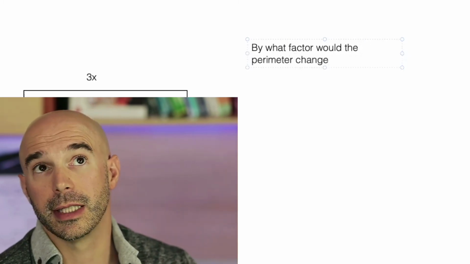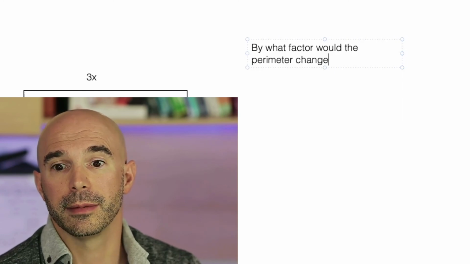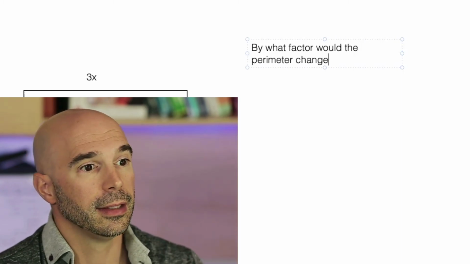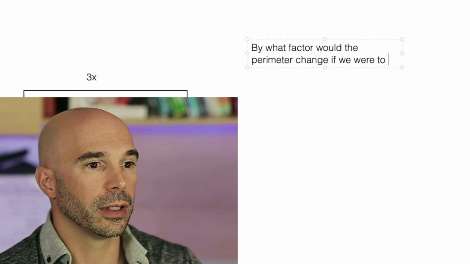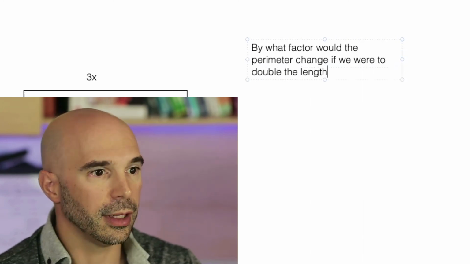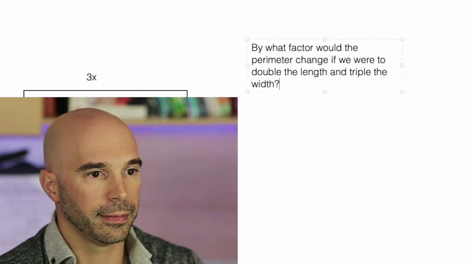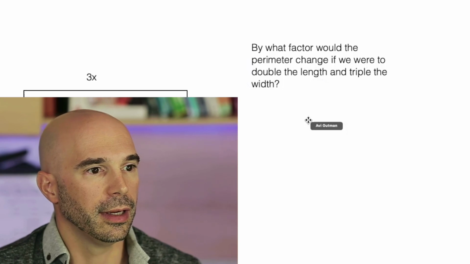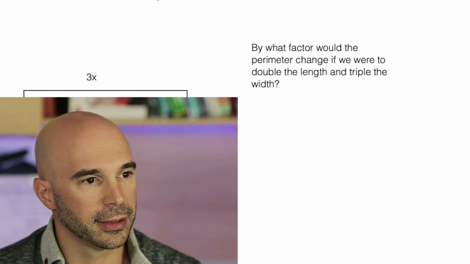Again, perimeter is an additive kind of element, right? It comes from adding together the length and width twice. So by what factor would the perimeter change if we were to double the length and triple the width? Right? That would be the analogous question, just removing one dimension from the whole thing to make it a bit simpler to wrap our heads around.